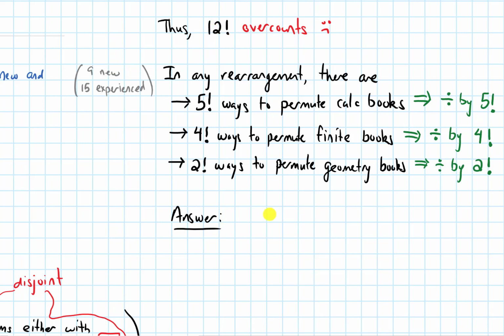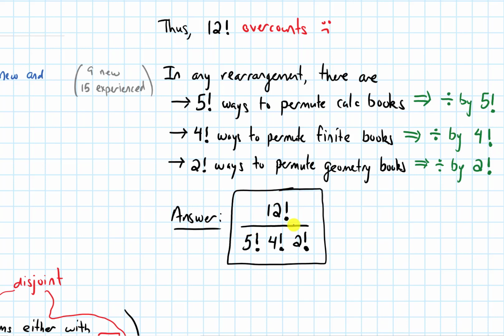So our initial count was 12 factorial, but we said that that overcounted. And we realized that we need to divide by 5 factorial, 4 factorial, and 2 factorial. And that's our answer. The question said to leave our answer in terms of factorials, so we'd leave it like this.